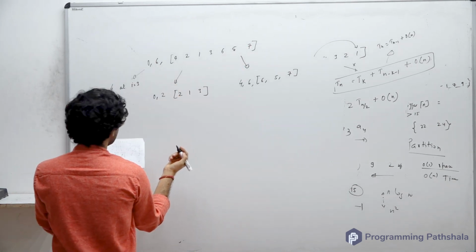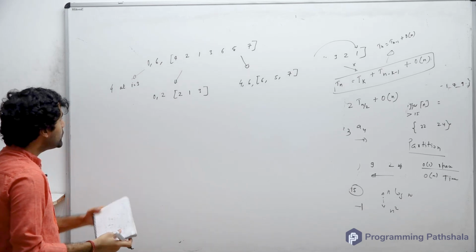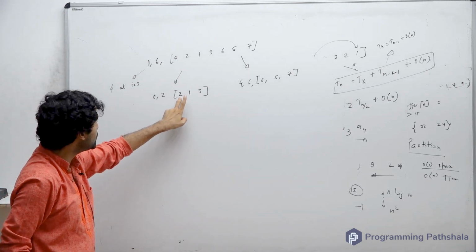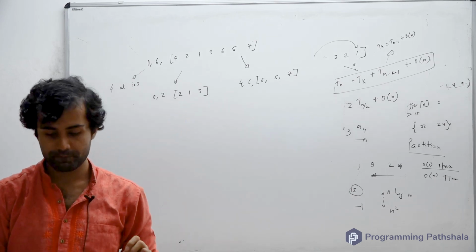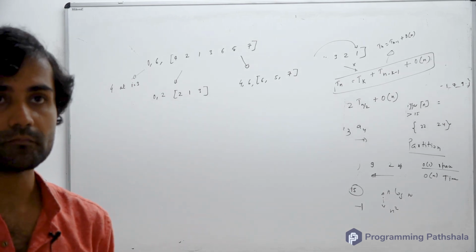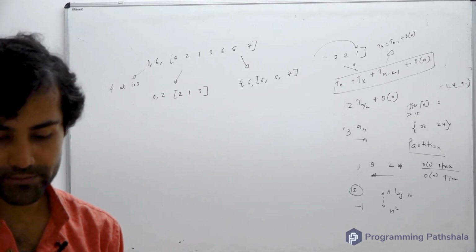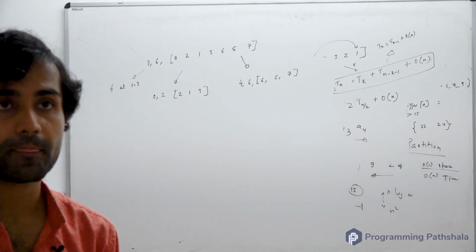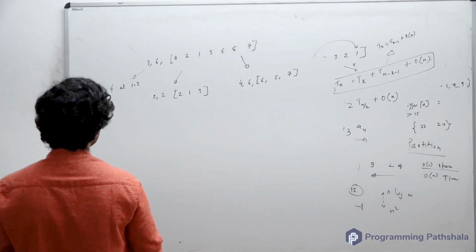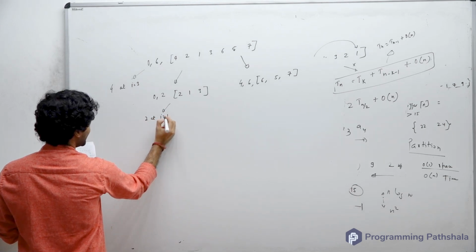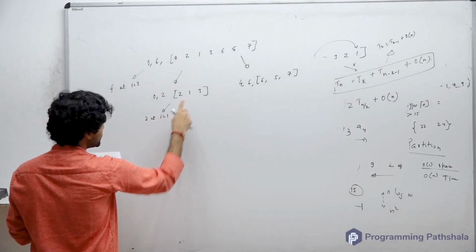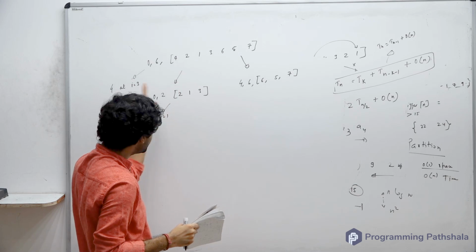So now again here your pivot is 2. Can you tell me out of indices 0, 1 and 2, at which index this 2 will come? Yeah, so you will put this 2 at index equals to 1. So when this 2 comes at index 1, now everything smaller than 2, which is 1, will come to the left.